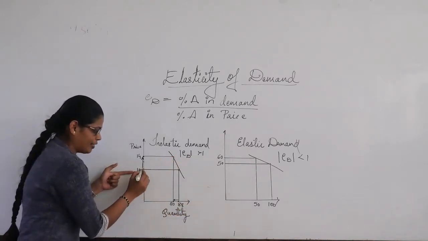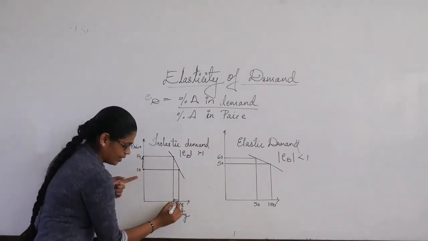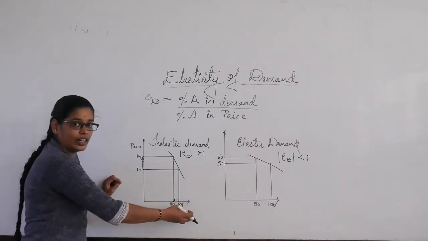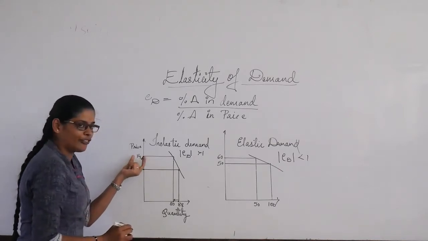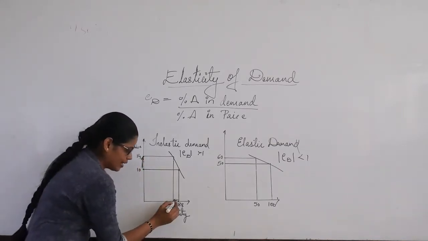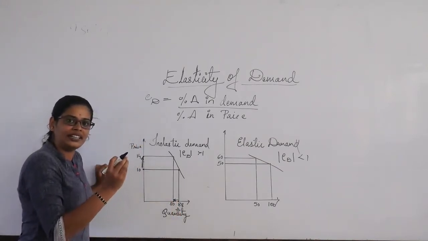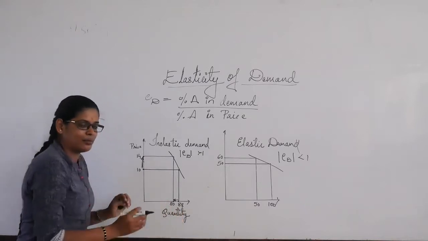When the price was 10 rupees, the quantity demanded was 88 quantities. When the price increased from 10 to 14, the quantity demanded is reduced by a very small amount. From 88 it has come to 80.